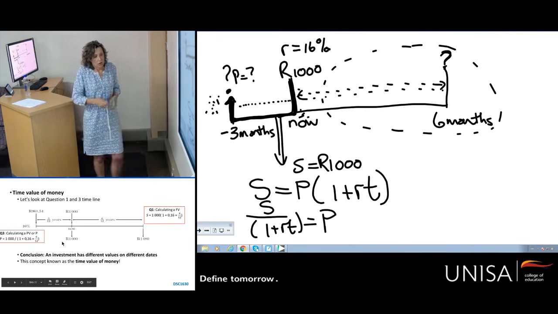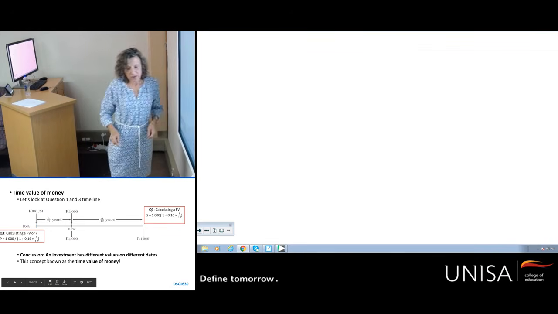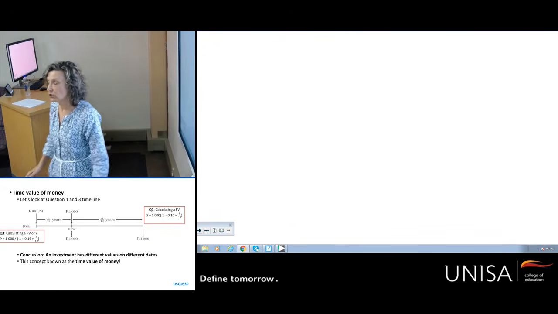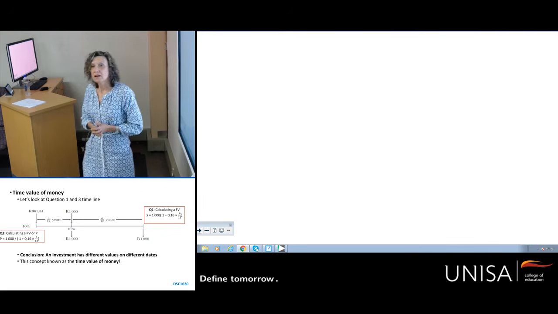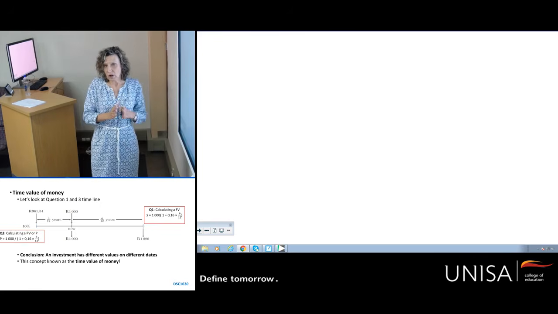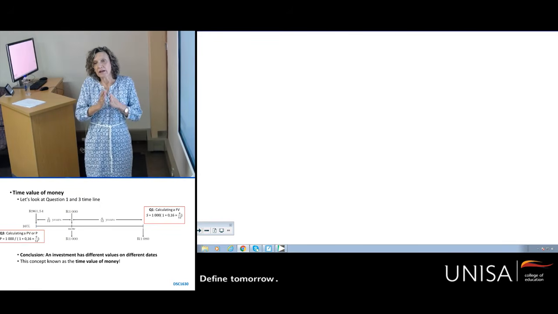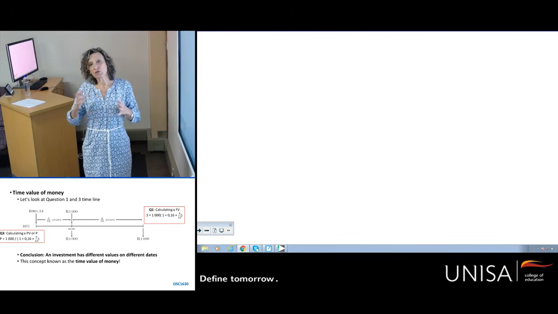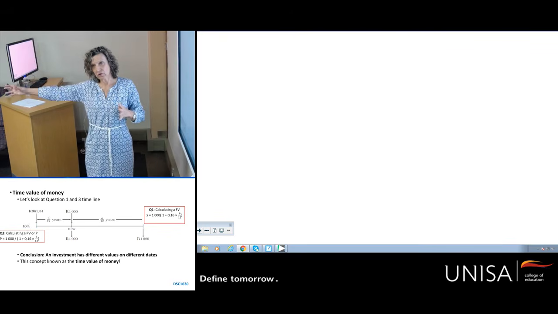Now, what I've tried to explain with this question 1 and 3 to you as well is what we call the concept of time value of money. And that's what, if an investment moves forward in time, its value becomes more over time in future.